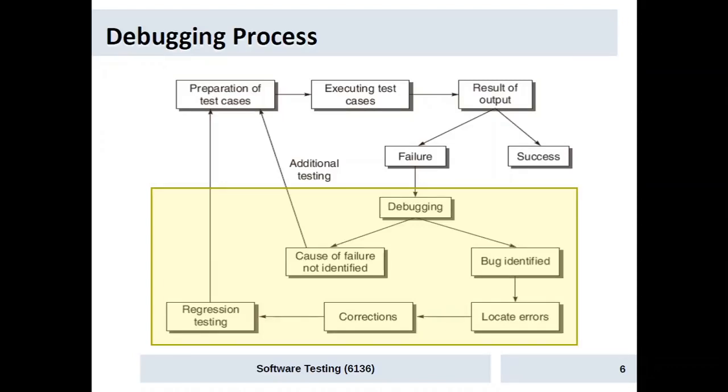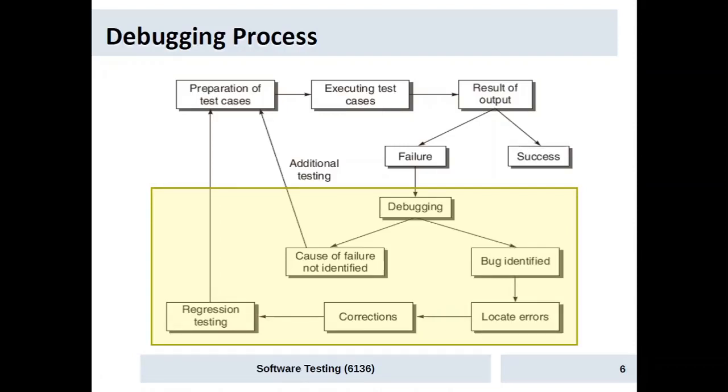In such cases we need to perform additional testing. In that case it is not accepted as a bug. Instead, it will go through the next round of testing. Again they write additional test cases, and it continues with the testing process.